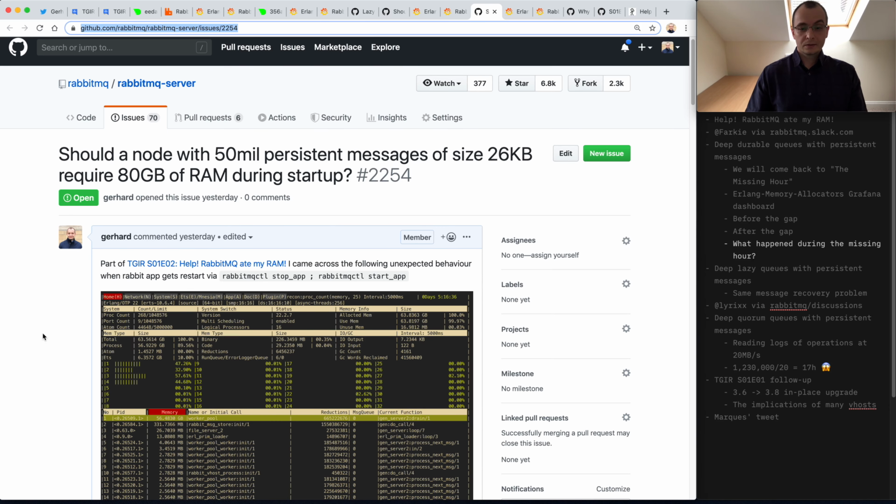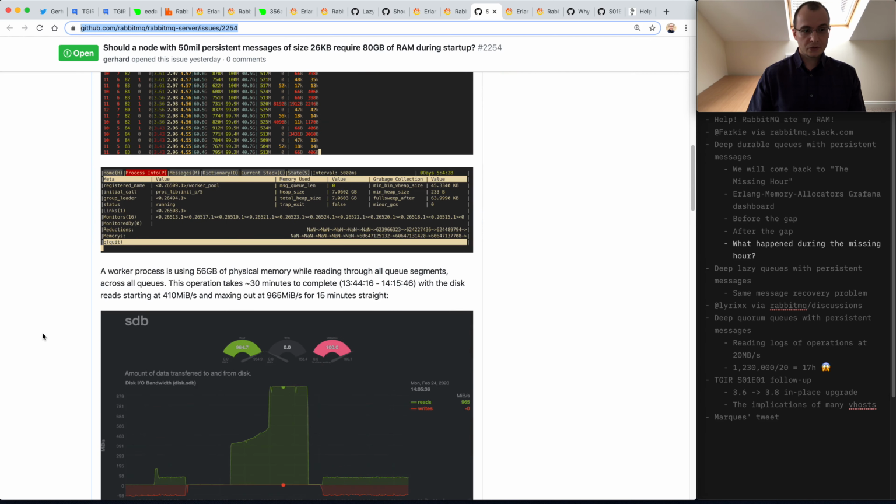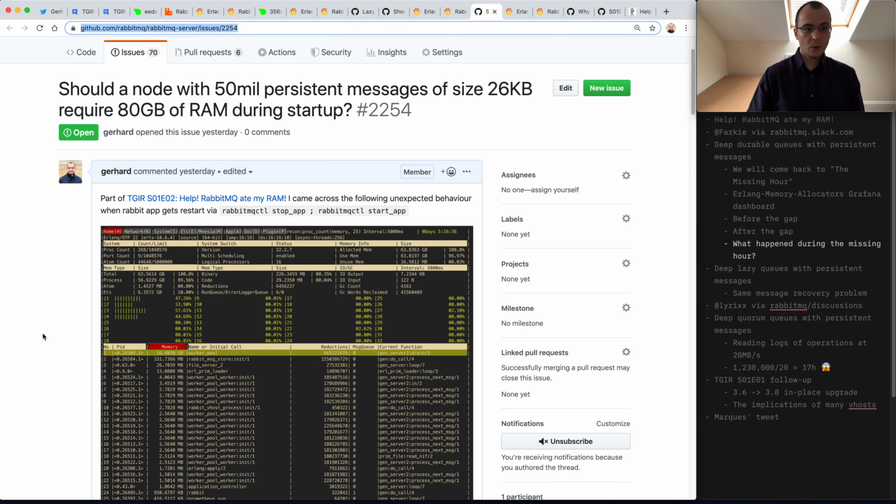The thing which I noticed is that when the RabbitMQ app is stopped and started, all the queue indices need to be rebuilt. So all the messages that are stored on disk, we need to read them all to rebuild the queue index, and then something else happens. I would very much like to understand what happens, because I haven't looked close enough in the code to get to that part.